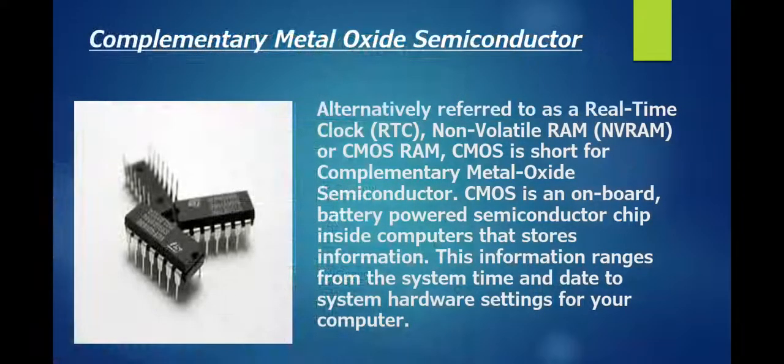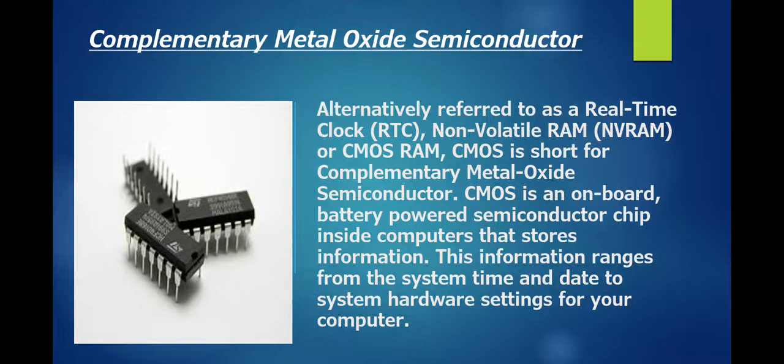Clear? Next is complementary metal oxide semiconductor, alternatively referred to as real-time clock, RTC, non-volatile RAM, NVRAM, or CMOS RAM. CMOS is short for complementary metal oxide semiconductor. CMOS is an on-board battery powered semiconductor chip inside a computer that stores information.